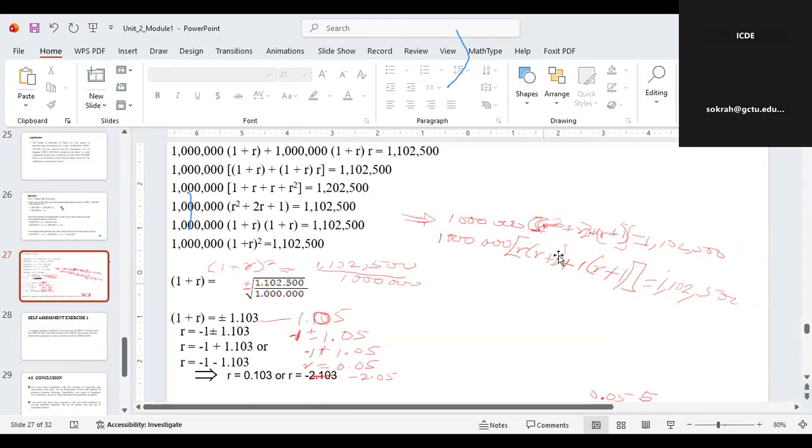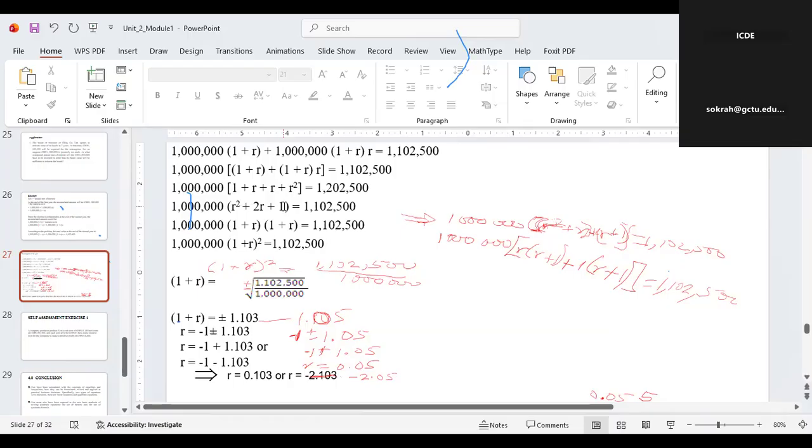Okay. So I left here and I came to the red ink. You see my arrow, just to help you understand better. So the 1 million out, and then I factorize this. The coefficient of r squared is 1. I multiply it by 1, I get 1. I keep it hanging in the air.